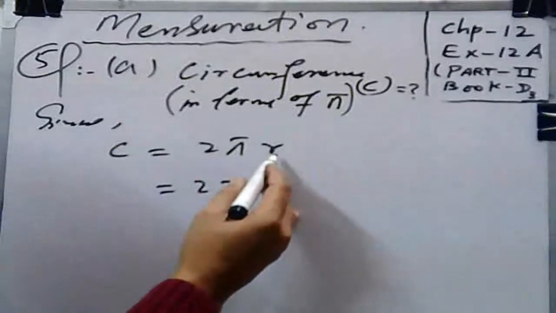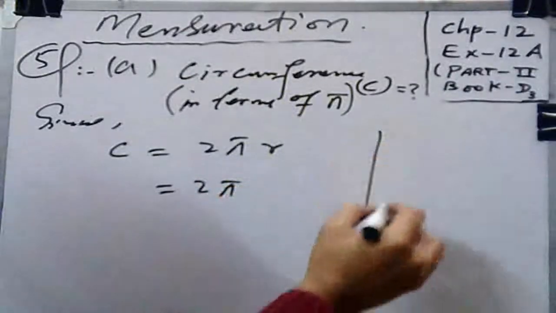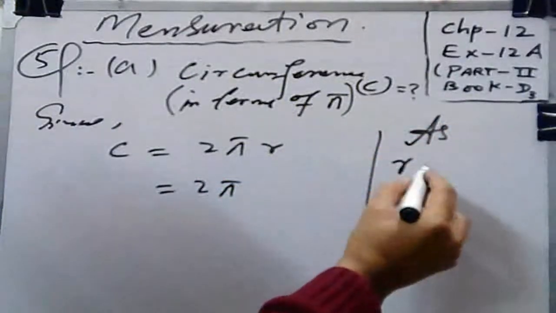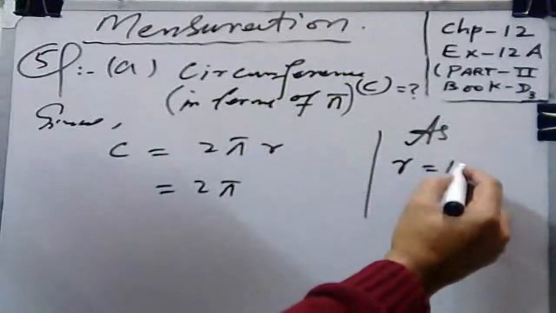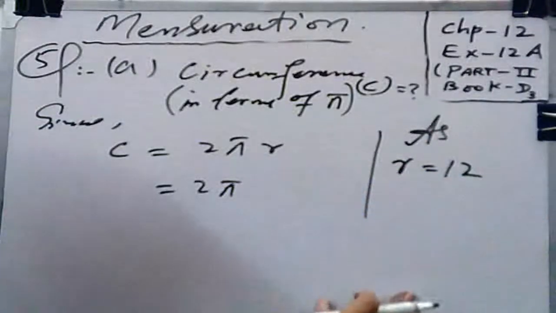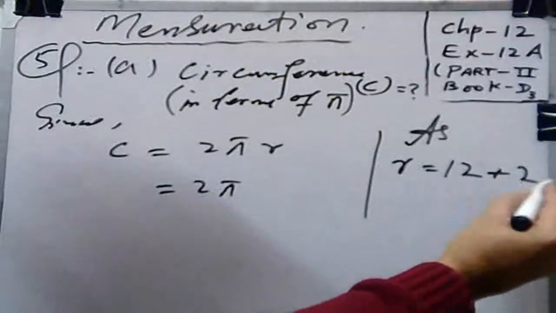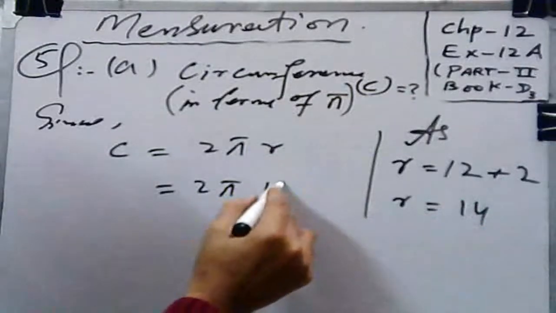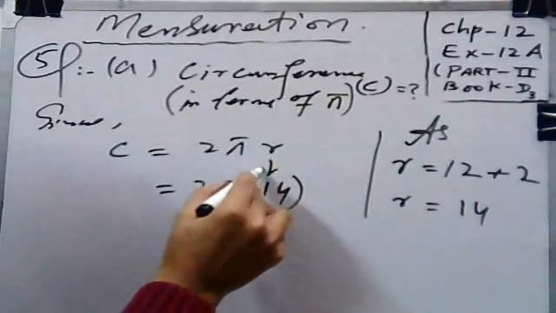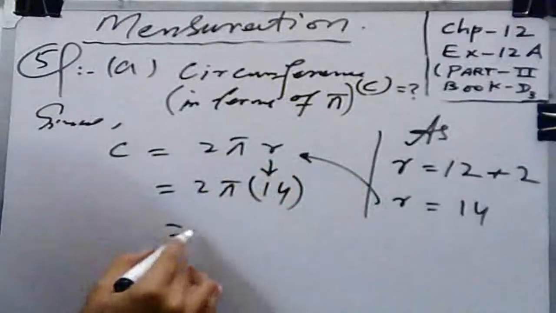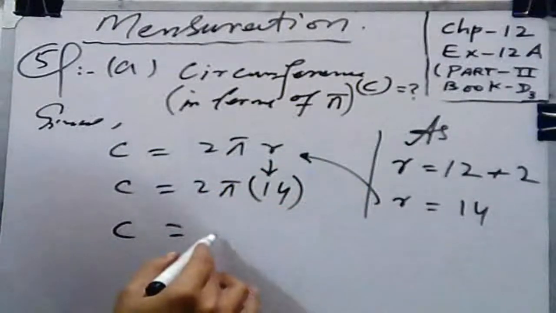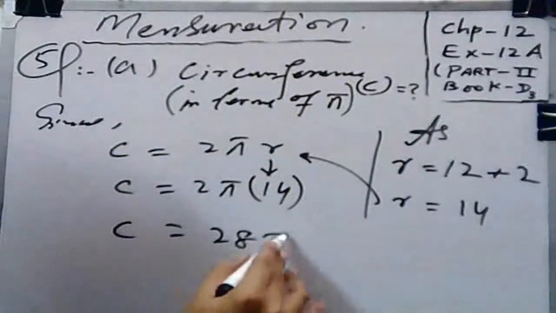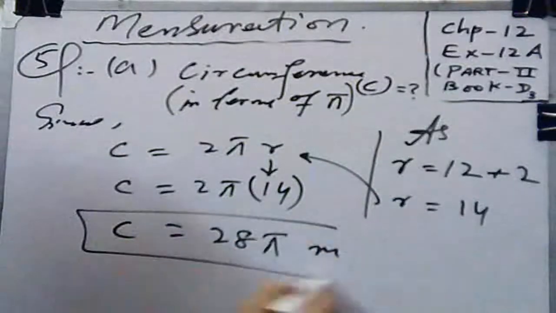The value of r is given as 12 meter for the pond radius, and the grass is 2 meter away, so you will get 14. That's why I put here 14. So the circumference will be 2 times 14, 28 pi meter, which is your required circumference.